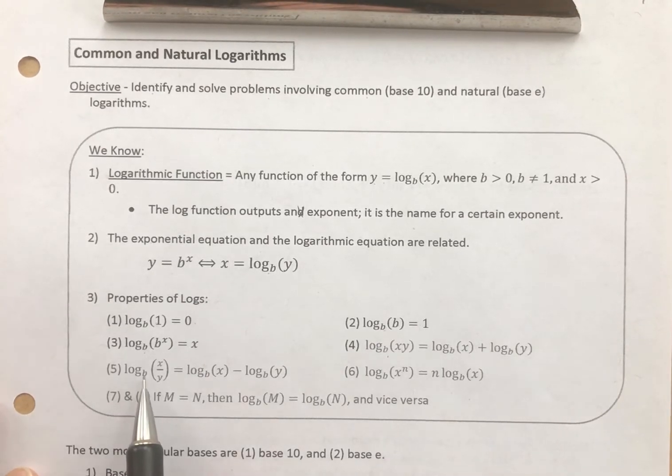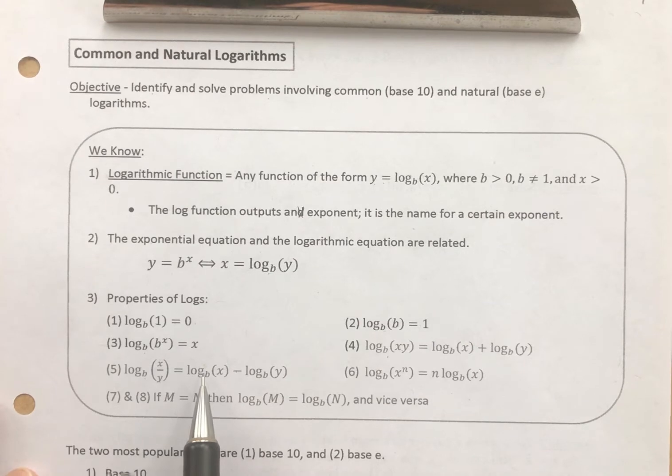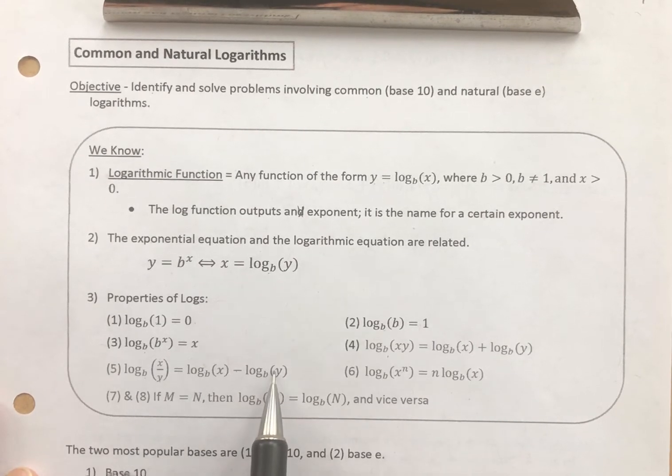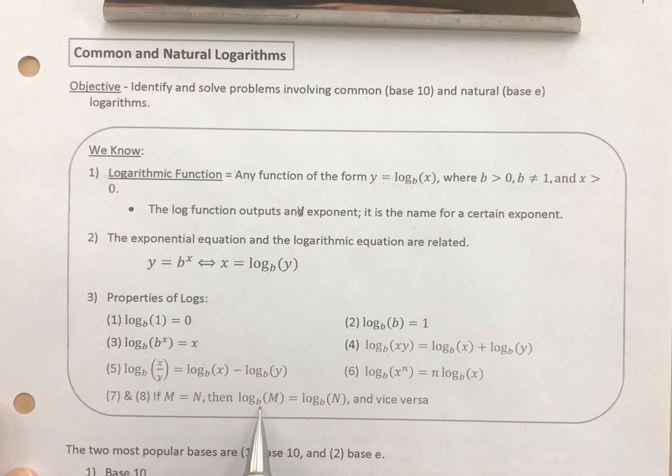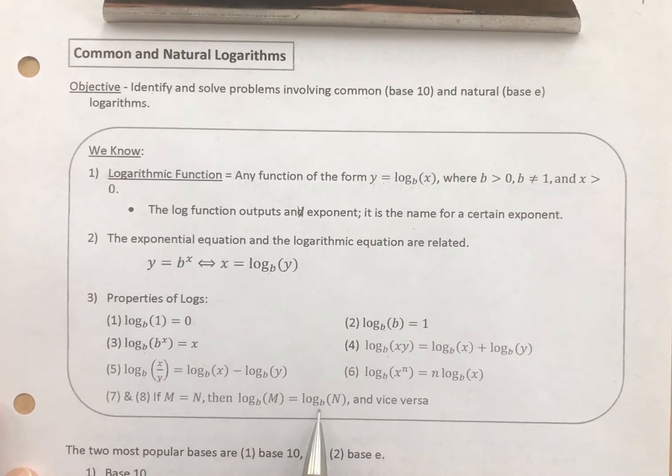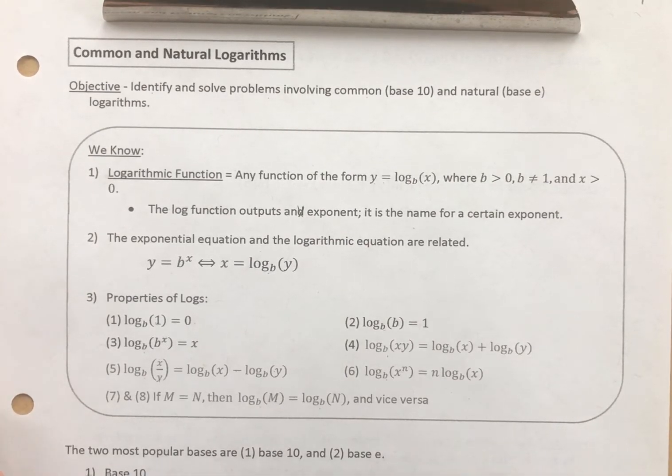The log base b of a quotient is equal to the difference of the log of the numerator and the log of the denominator. The log base b of x to the n is equal to n times the log base b of x. And finally, if m equals n, then the log base b of m equals the log base b of n, and vice versa.